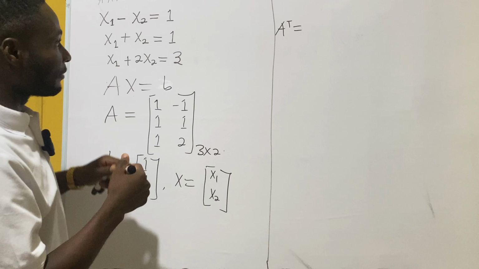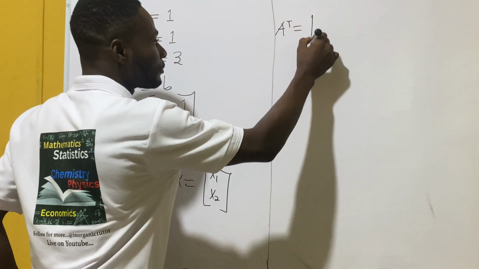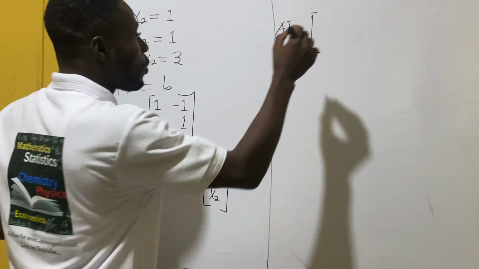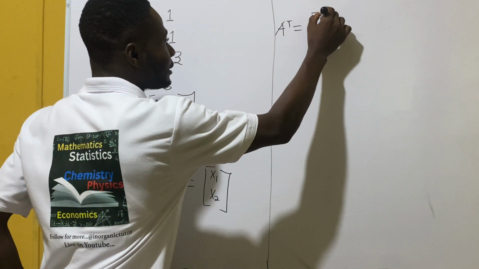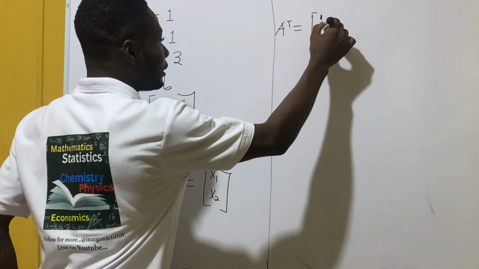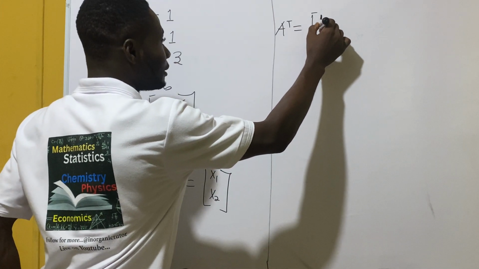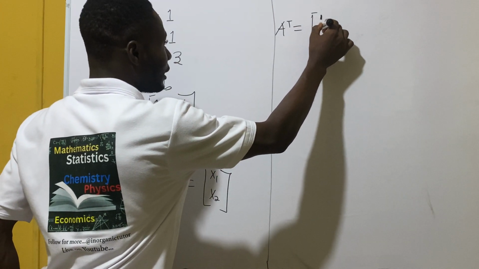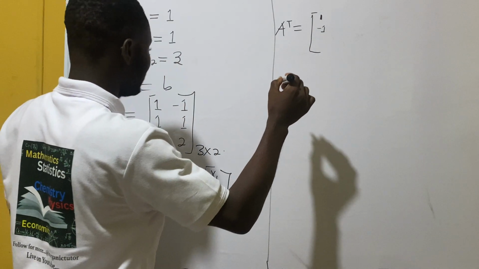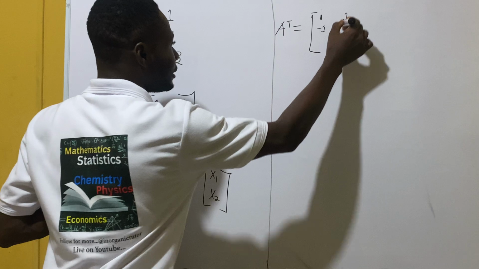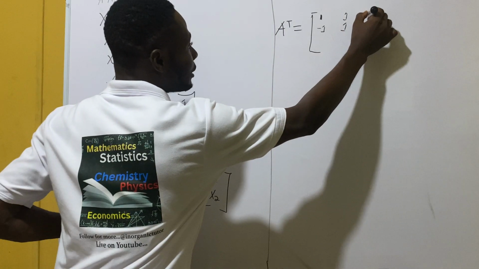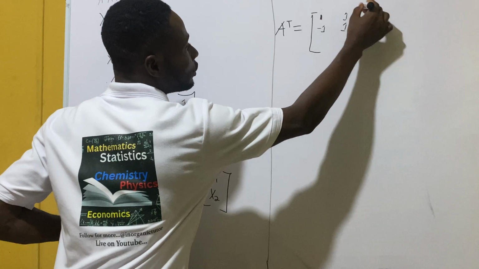So you're going to have 1, 1, -1, 1, 1, 1, 2.